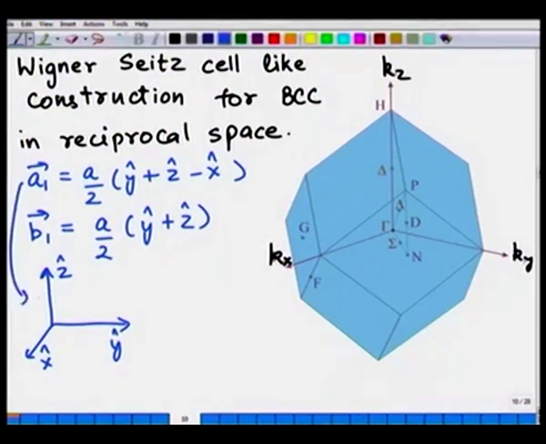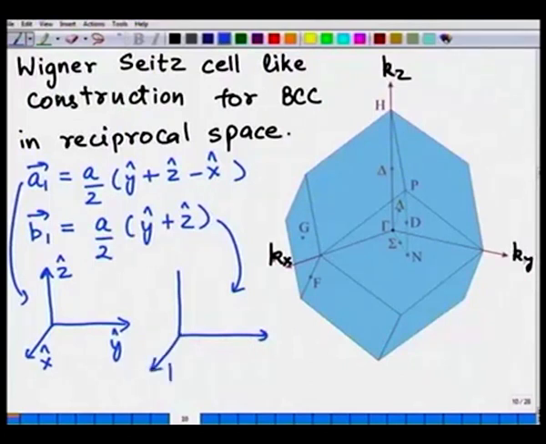If this is the orientation, then for this I should also have another orientation. That orientation we are now labeling as kx unit vector. So this is kx direction, ky direction and kz direction, only to show that these are 3 orthogonal directions in reciprocal space, that is, in k directions.